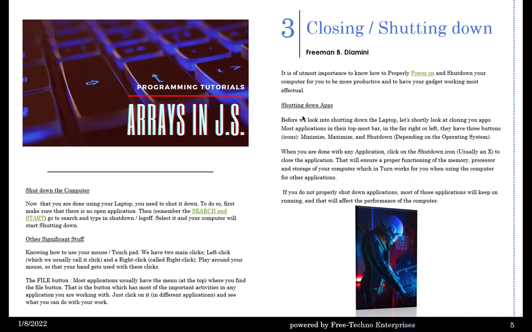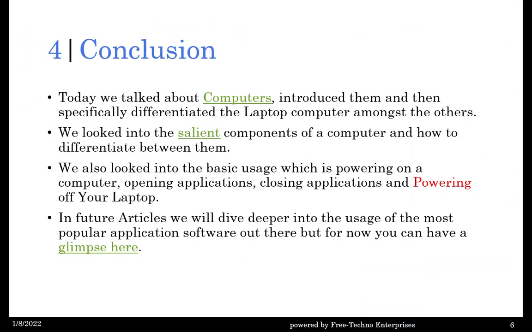Otherwise, let's just do a recap of what we talked about. We talked about computers, introduced them, and then specifically differentiated the laptop, computer, amongst others. Right? We looked into the very significant components of a computer and how to differentiate between them. We also looked into the basic usage, which is powering on a computer and opening applications.